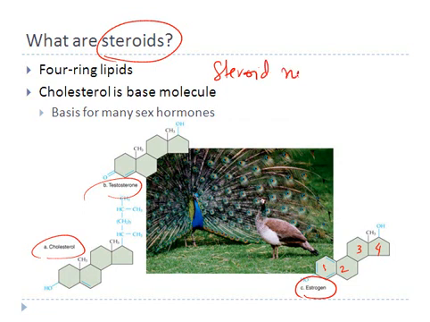The steroid nucleus is a generic term. If I were to circle this, let me get the highlighter out, each of these together will form a steroid nucleus. So that is the basis for all of these groups. Many sex hormones are steroids, and cholesterol is the base molecule that also has a steroid nucleus.